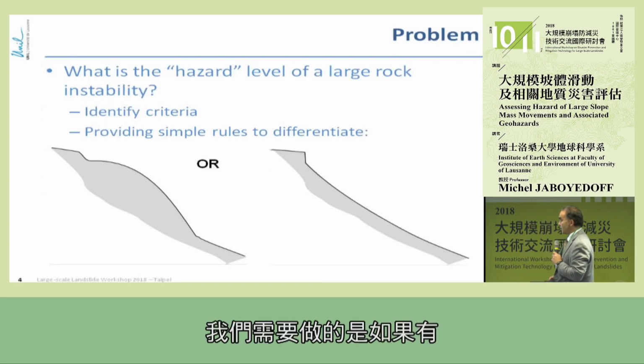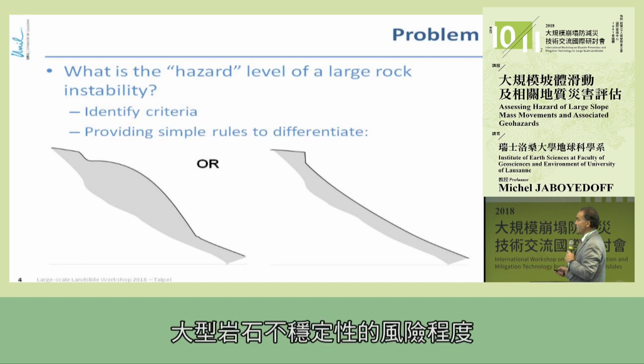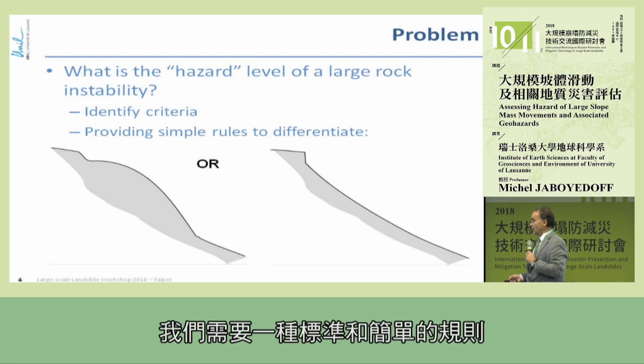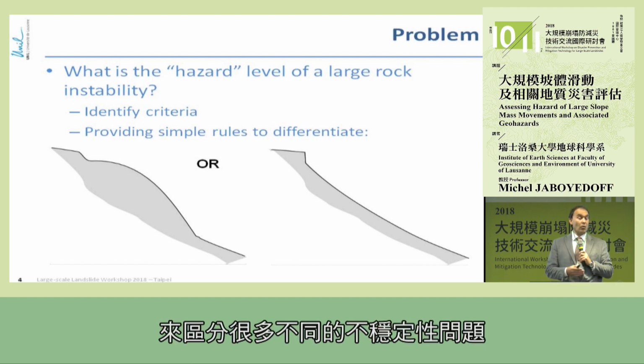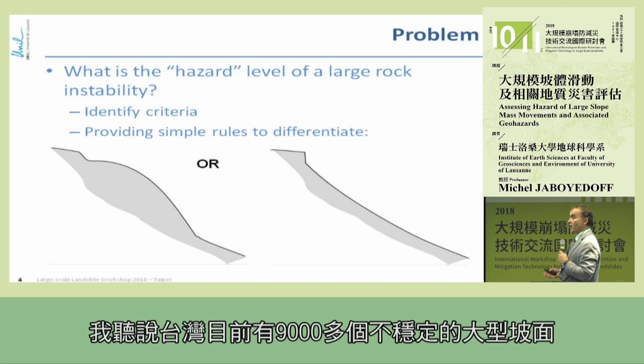The context is: what is the hazard level of a large rock instability? We need identifying criteria and also a simple rule to differentiate, if we want to address the problem for a lot of different instabilities. I heard that here in Taiwan now there are 9,000 large slope instabilities.